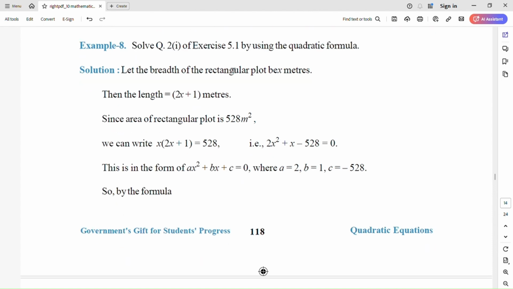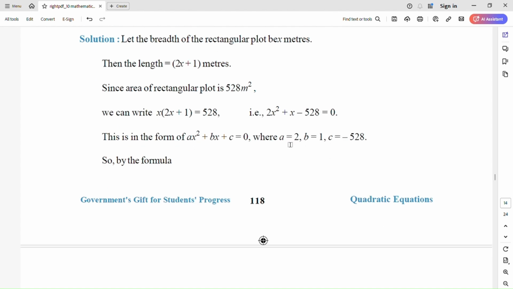Solve the previous examples by the quadratic formula. That's the question. It was a rectangular plot. If the length is 2x plus 1 meters, since the area of the rectangular plot is 528 meter square, x into (2x plus 1) is 528, so 2x square plus x minus 528 equal to 0. Here a equal to 2, b equal to 1, c equal to minus 528.